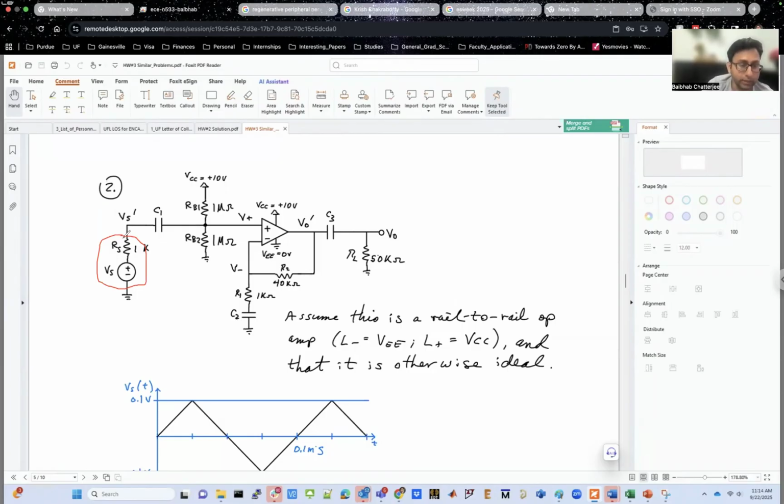That's why in this case you have an RS resistance connected in series with your voltage source. You have something interesting over here: RB1 and RB2 directly connected to the positive terminal of the op-amp. What are RB1 and RB2 doing? They are, in fact, creating the bias voltage required for this op-amp.